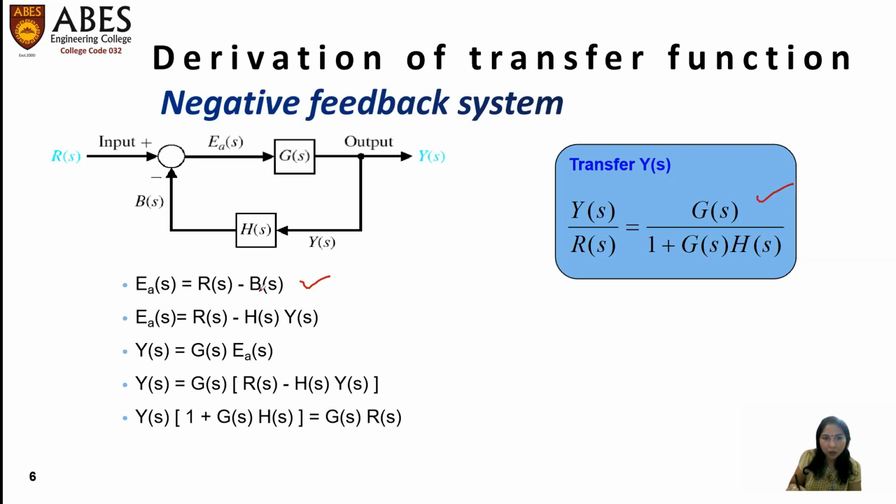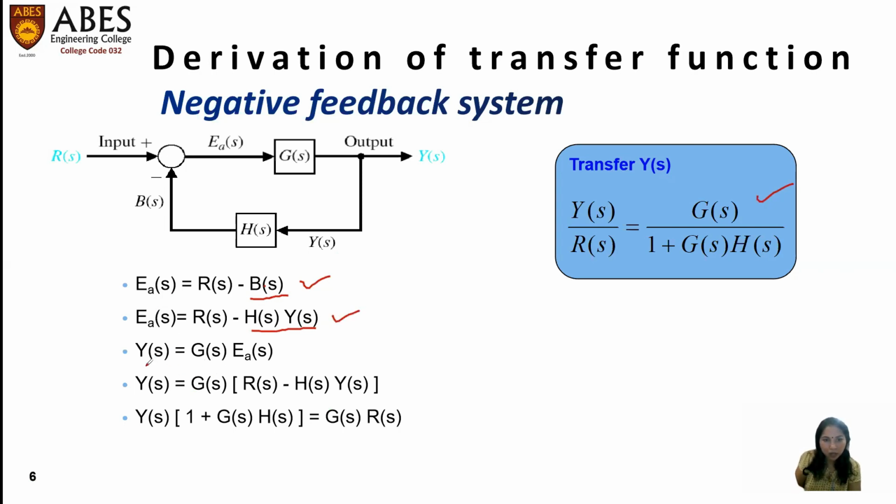Now, what is B(s)? B(s) means this feedback signal. This feedback signal is the product of H(s) into Y(s). So B(s) is nothing but H(s) into Y(s), that is feedback gain multiplied by output signal. I have written this in the second equation. Right, so we got the second equation.